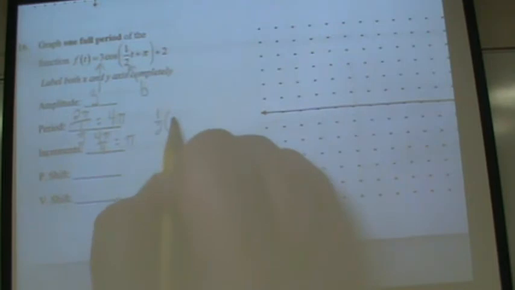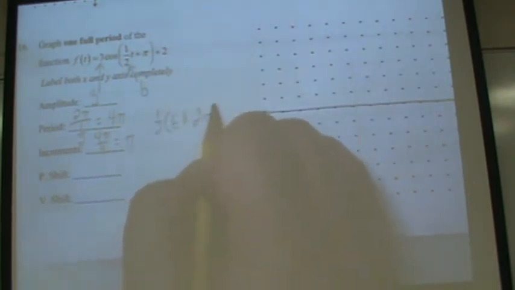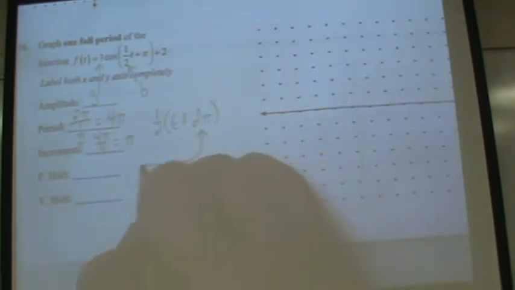Your phase shift, remember for sine and cosine, we need to pull out that B value. So we have 1/2 times t plus 2 pi when we pull out that B value out of the parentheses. So this gives us our phase shift.